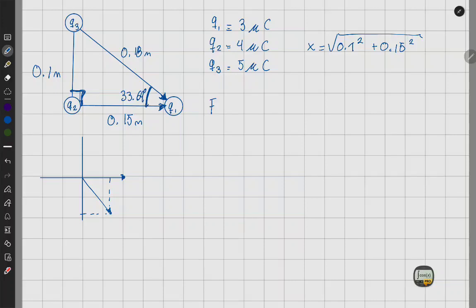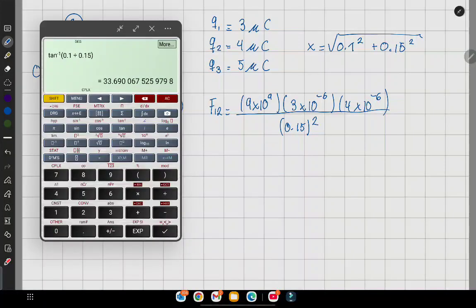So first of all, from charge 1 to charge number 2, it's the same formula: 9 times 10 to the 9, and then 3 times 10 to the minus 6 times 4 times 10 to the minus 6, all divided by the distance squared, so 0.15 squared.